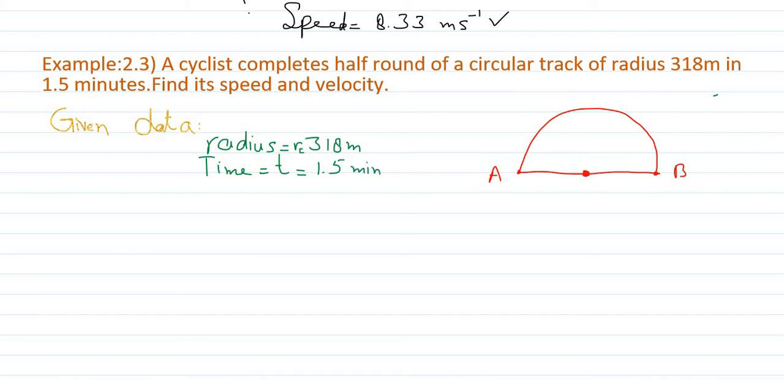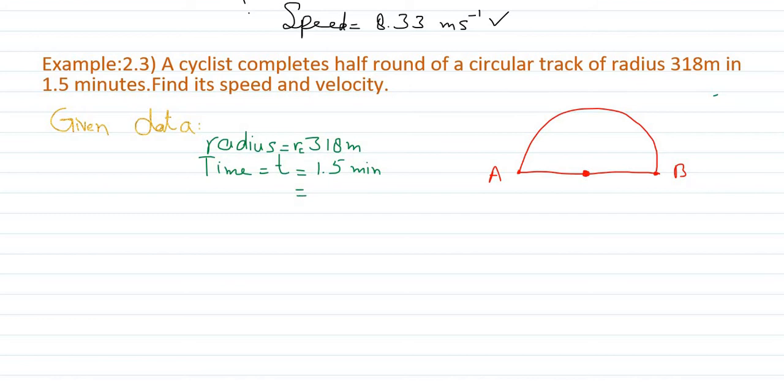In unit number 1, you know that we have to write any physical or basic quantity in SI unit, the International System of Units. You know that time is a base quantity and its SI unit is seconds, but here you can see this is given in minutes, so we convert it into seconds.